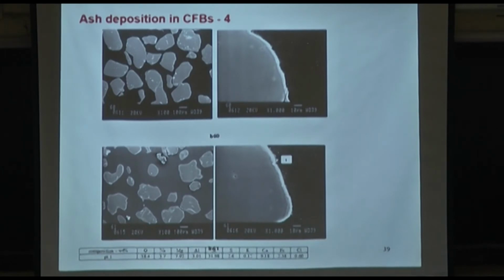So agglomeration is a phenomenon which can be investigated very, very well. The reasons can be found out very well, and then based on those reasons, backed by the SEM analysis, etc., if you take the operational measures, then you can avoid, you can manage that problem.